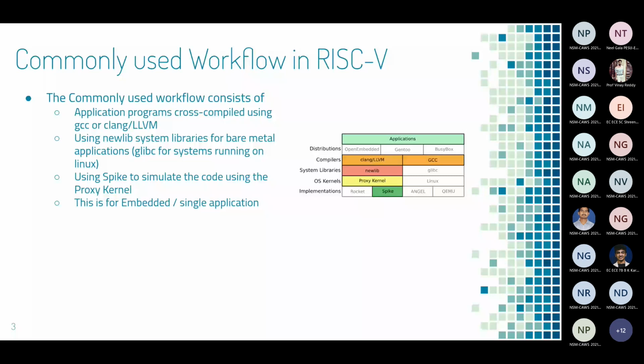It does all the memory management for you and all of that. So you use that with the newlib libraries, and you basically choose one of the compilers, clang or GCC, whichever is easy for you. We are going to be using GCC in this particular hands-on session. And on top of that, you write your applications, and then you compile it using this particular setup, and you run it on Spike, right?